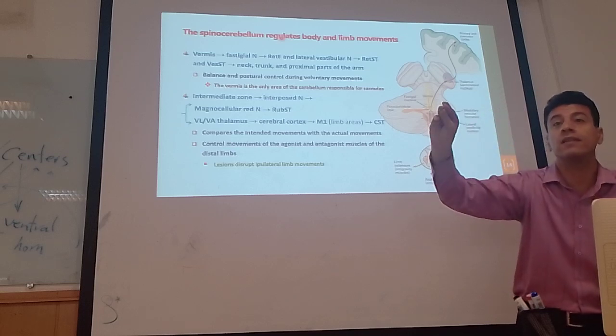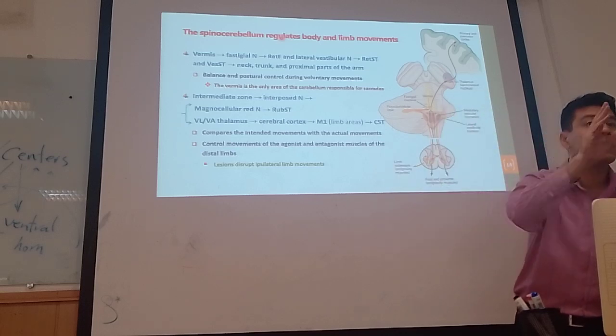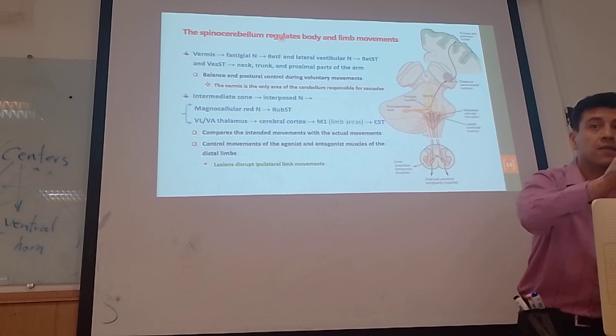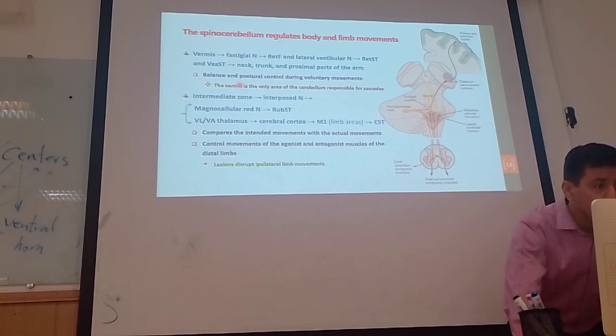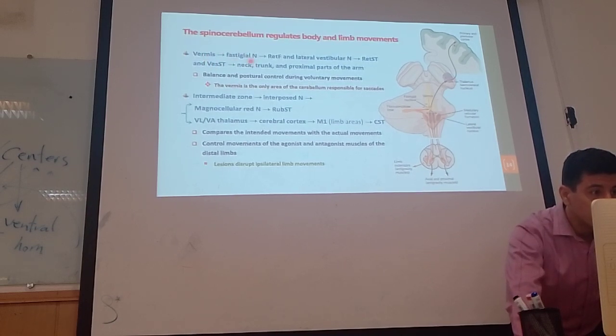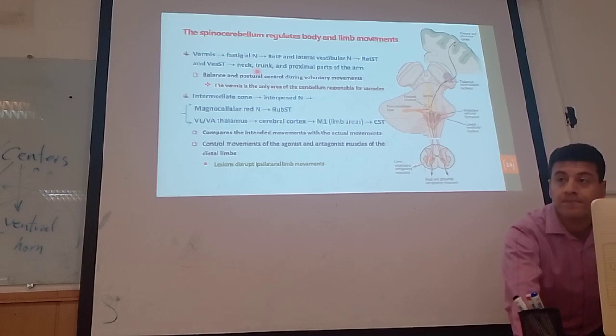Vermis is connected with fastigial nucleus, intermediate zone connected with interposed nucleus, right? So, let's see, vermis sends information to the fastigial nucleus. From here, reticular formation, lateral vestibular nucleus, so reticulospinal, vestibulospinal tract, then they are connected to the neck, trunk, proximal part of the limbs. Important for balance and posture.